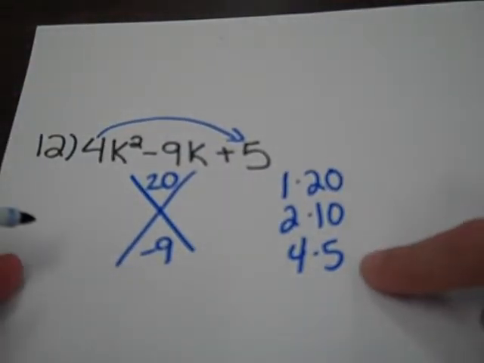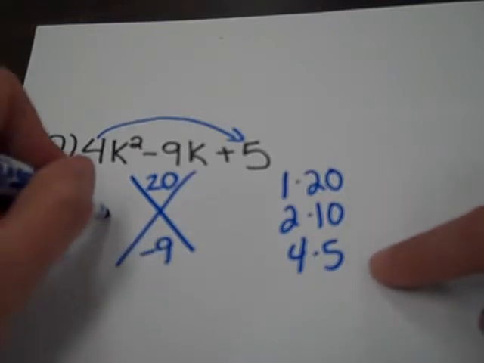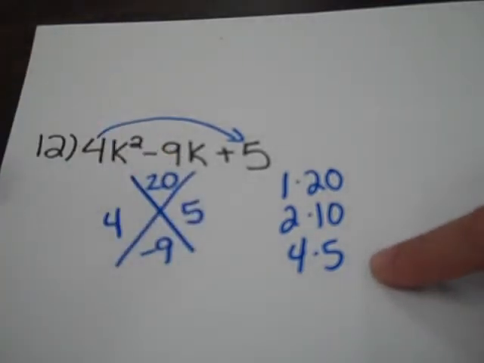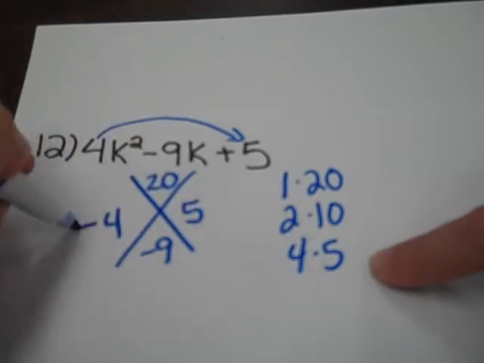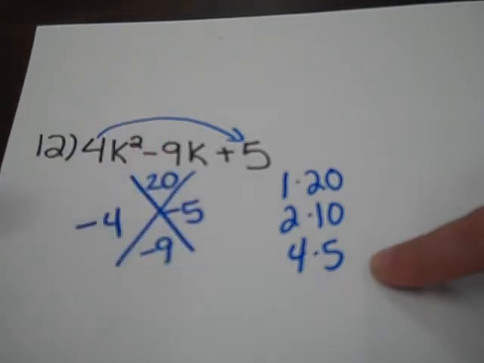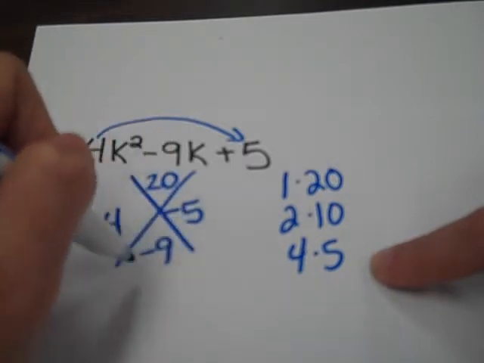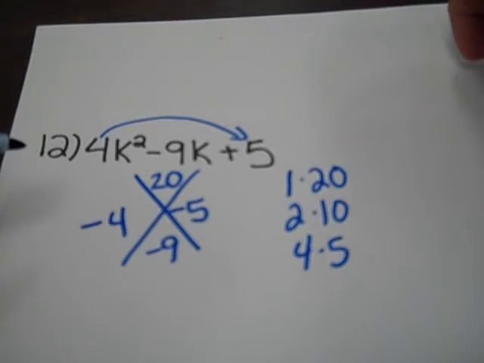The only way I can even come close to getting a 9 out of any of this is 4 and 5. To get a positive product, I either have to have positive factors or negative factors. Negative 4 times negative 5 is 20. Negative 4 plus negative 5 is negative 9.